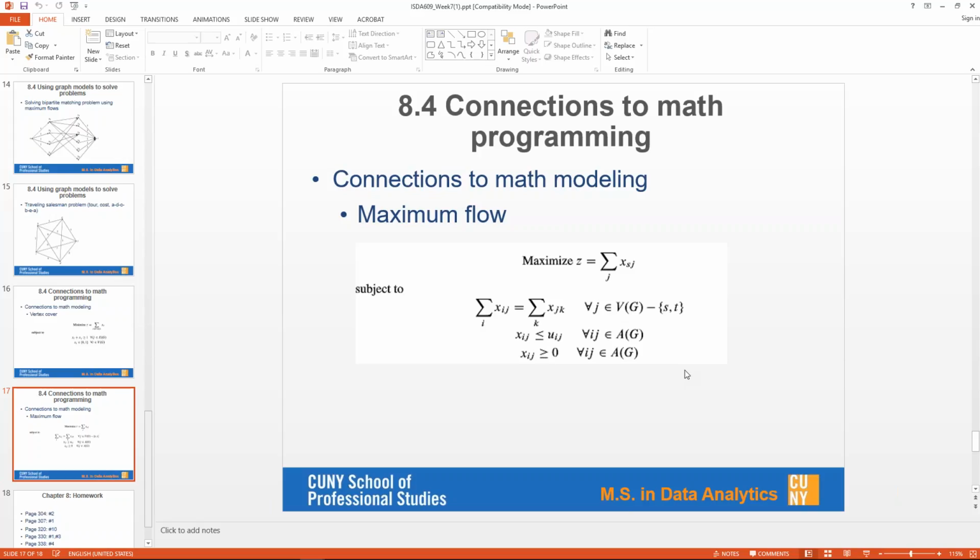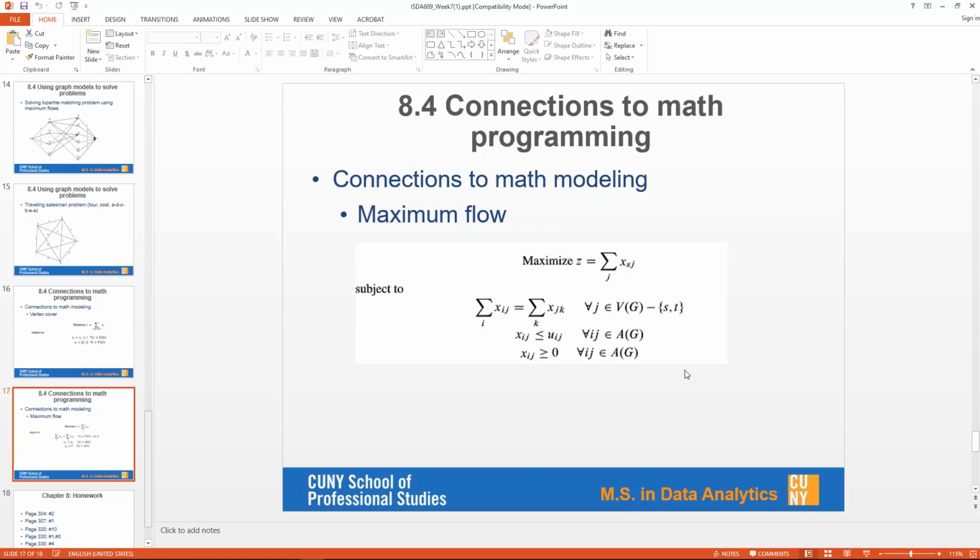So anything going to J from all the i's should be going out to other places from J. That's called conservation of flow, meaning that anything going through a particular node should go out from this node as well. So that's what the first constraint is trying to represent.